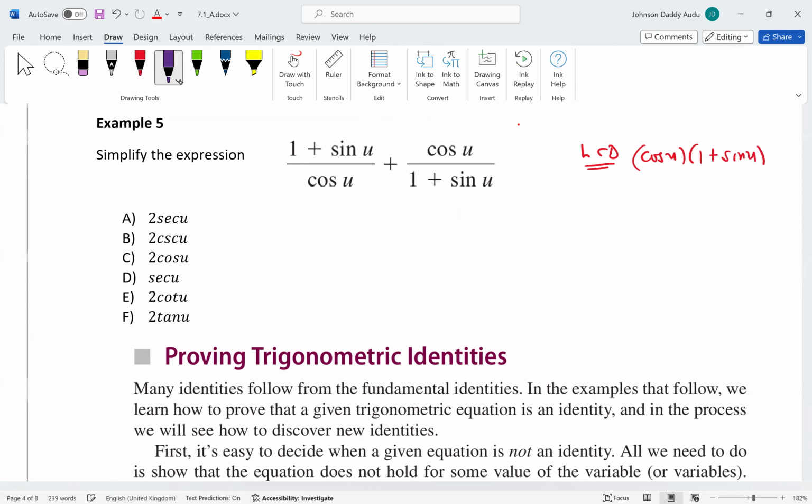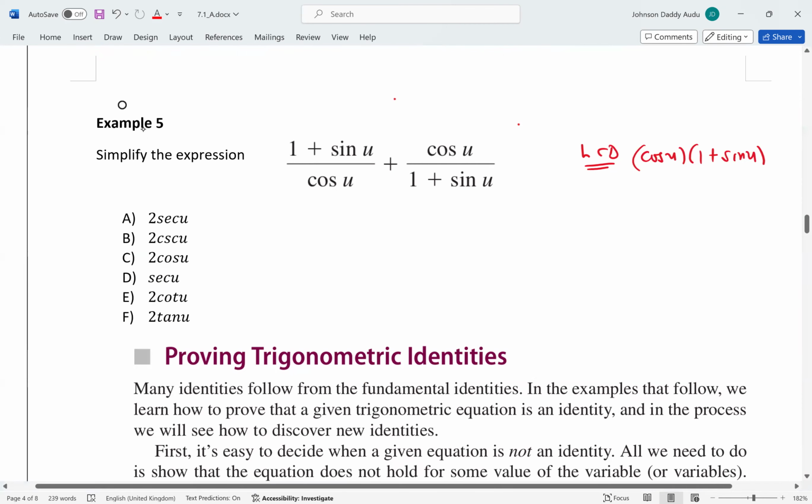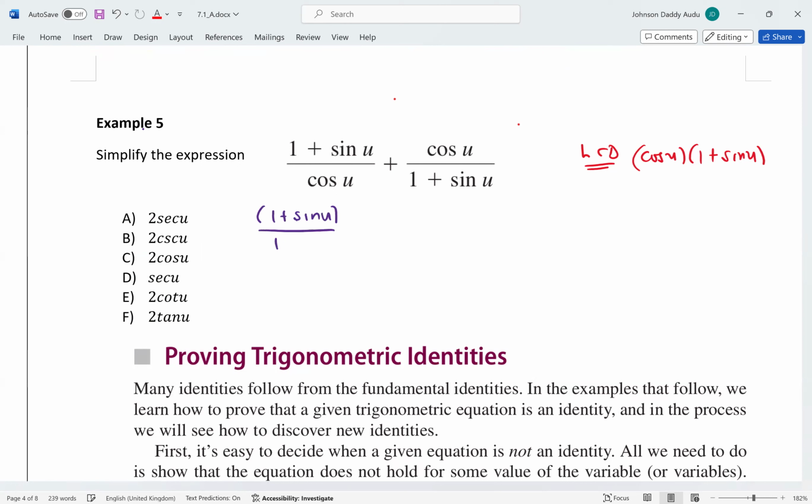Therefore, we can multiply the first term by 1 plus sine u over 1 plus sine u.